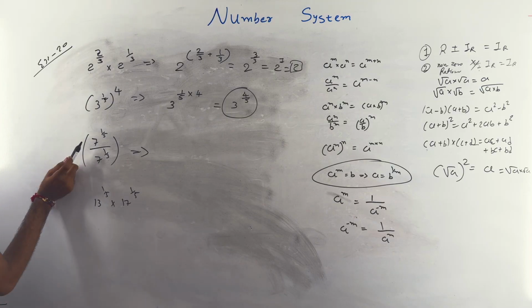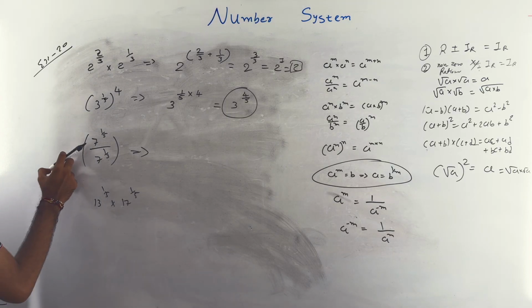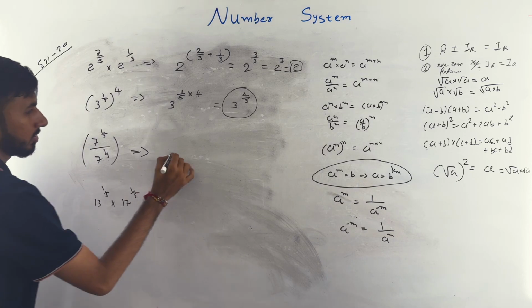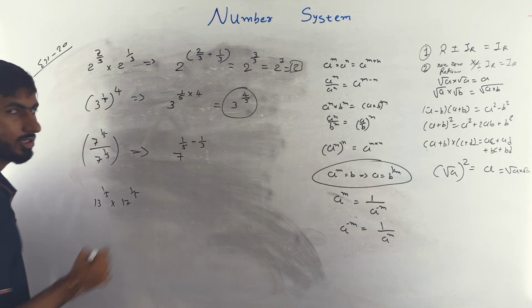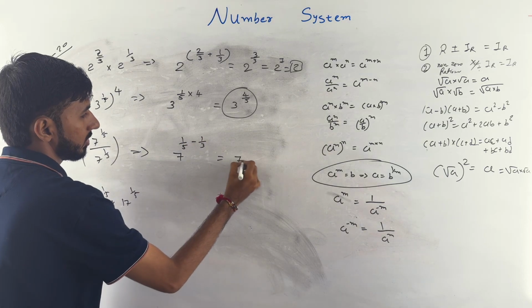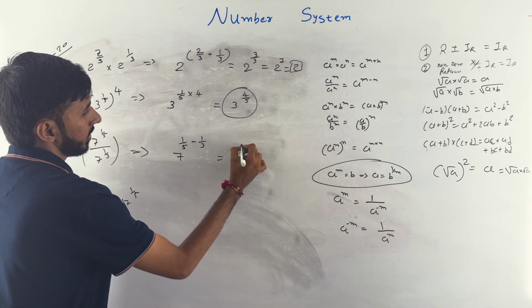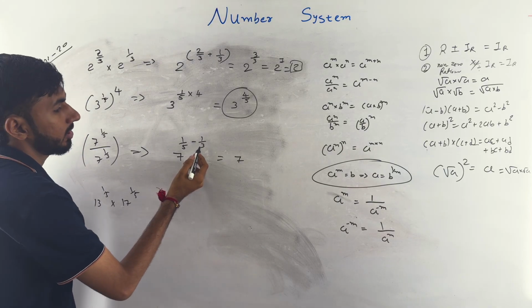Now here we have 7 power 1 by 5 divided by 7 power 1 by 3. Here I have the same base and division of these two numbers, so I will subtract the powers: 7 power 1 by 5 minus 1 by 3. Very easy, right? Now after subtracting, I have to take the LCM, which will be 15, right?